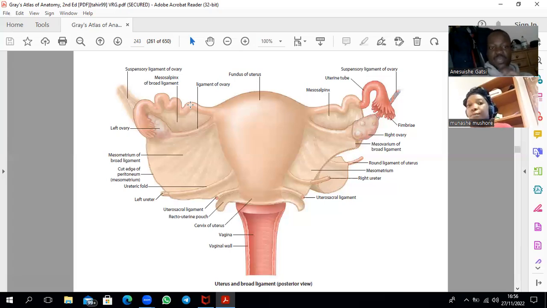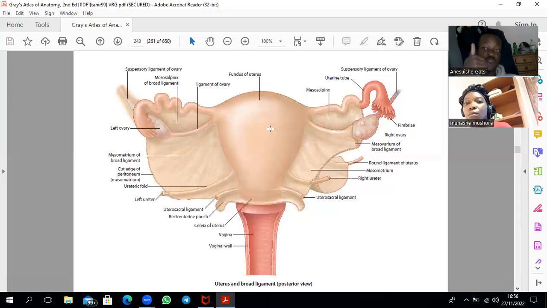Then maybe something which we may also not have talked about. Can you see the uterine tube? Yes. So God is amazing in the sense that it's between two things, between the ovary and the uterus. So half of its blood supply will come from the ovarian artery, half from the uterine artery.